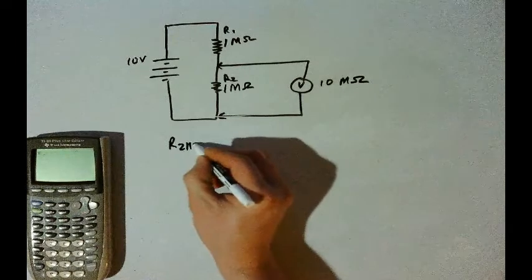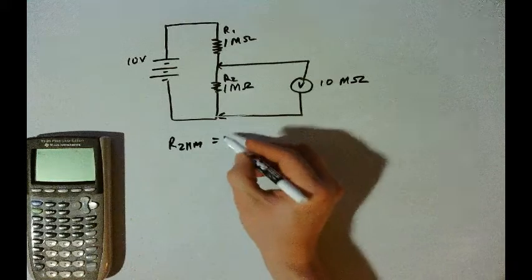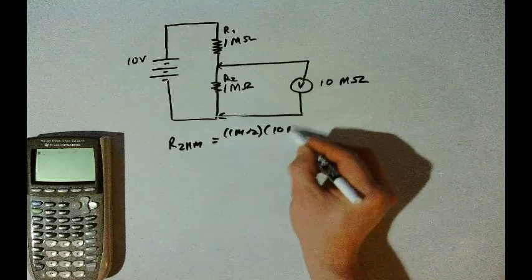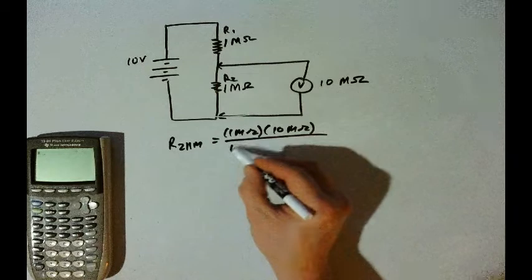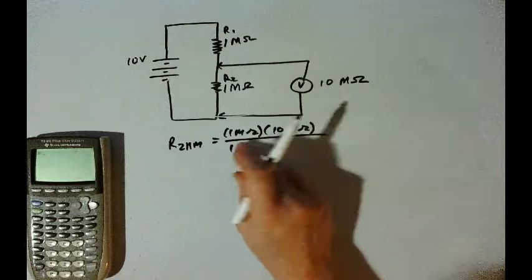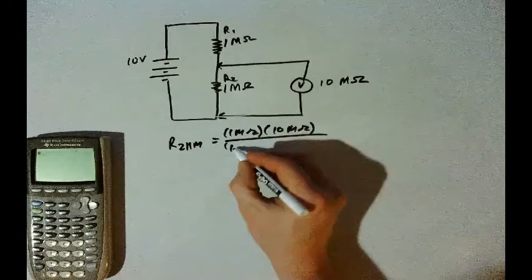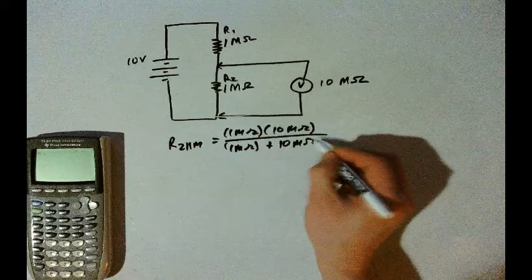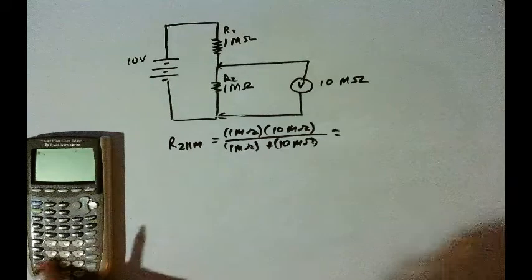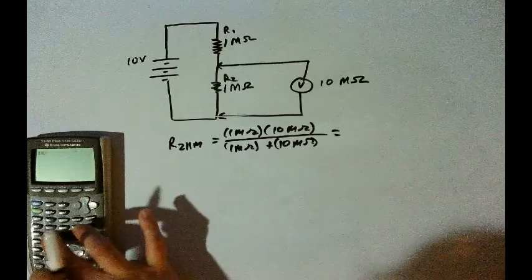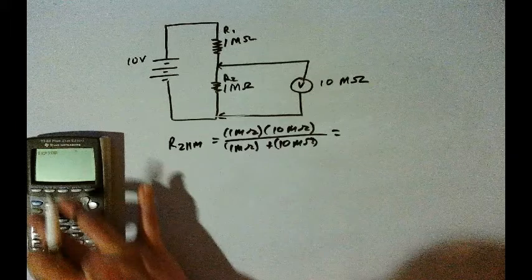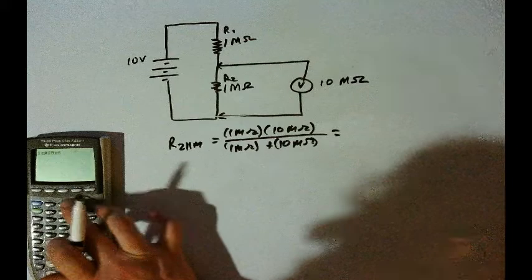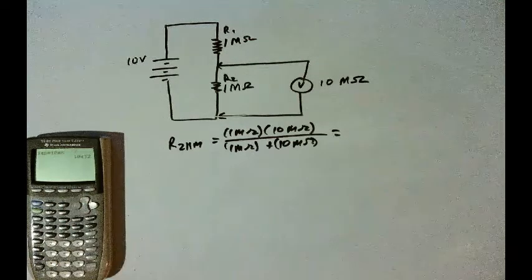And I'll use product over sum. That'll be 1 mega ohm times 10 mega ohms divided by 1 mega ohm plus 10 mega ohms. And so again, 1 mega times 10 mega is 10 tera ohm squared, and 1 mega plus 10 mega is 11 mega ohms.